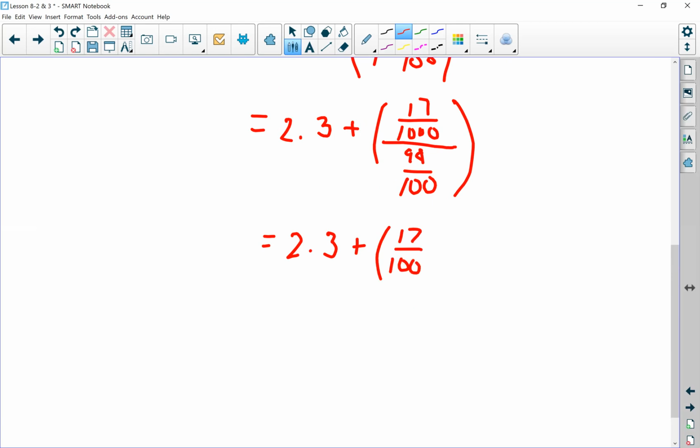Dividing by 99 over 100 is the same as multiplying by 100 over 99. Cancel out a couple zeros.